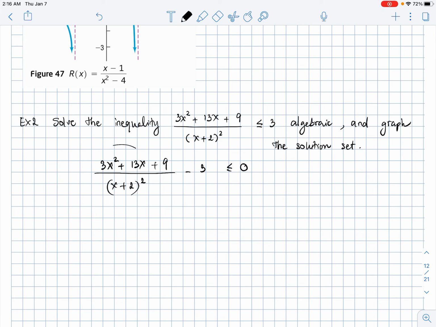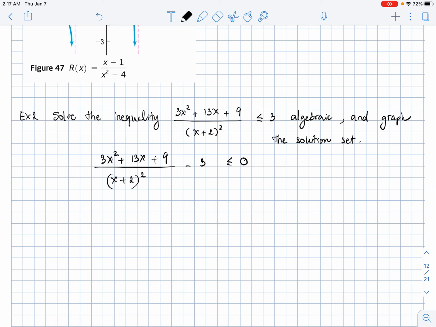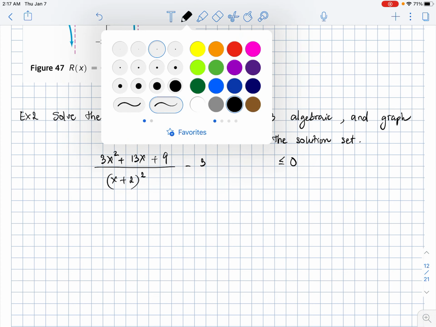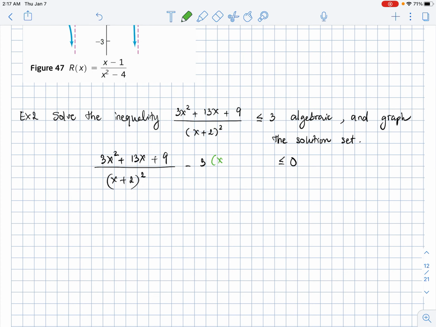And then I need to combine the left-hand side to become a rational fraction. So we will find the least common denominator. The least common denominator for this problem is x minus 2 squared.